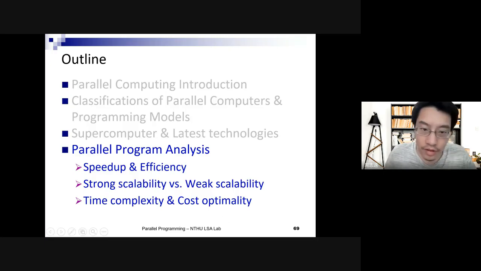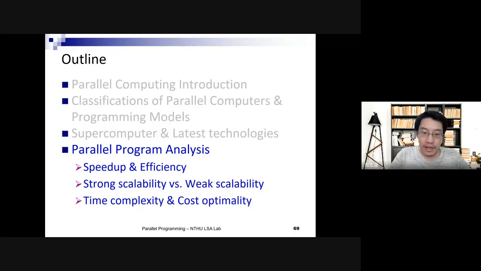Okay, so so far we have introduced parallel computing and introduced supercomputing as an example to show you the hardware, software, or tuning that needs to be done in order to get the best out of a computer system.